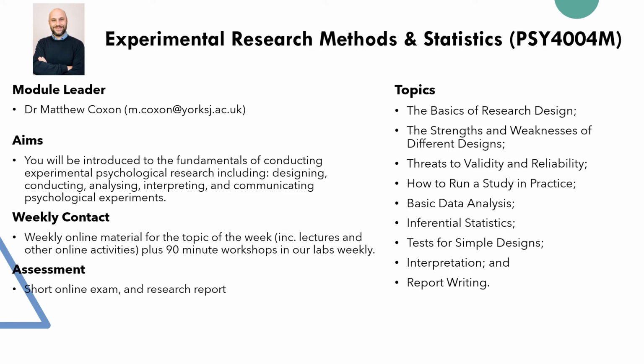We'll look at the types of conclusions we can reach and how these may be threatened in terms of their validity and their reliability. And quite importantly, we'll look at how to run a study in practice, what it means in reality to be gaining ethics or to make sure that your study is appropriately controlled.